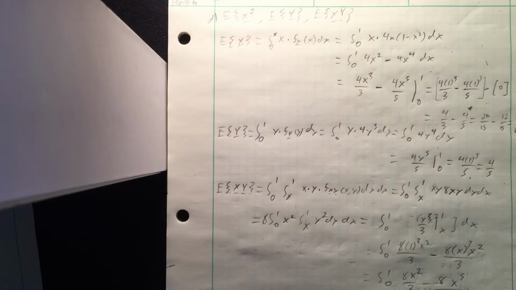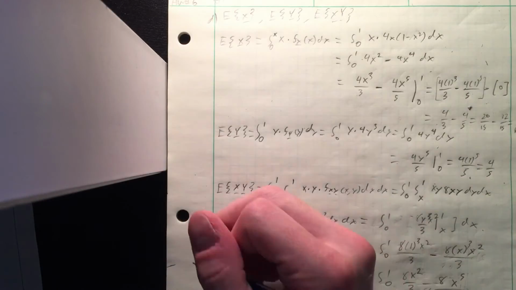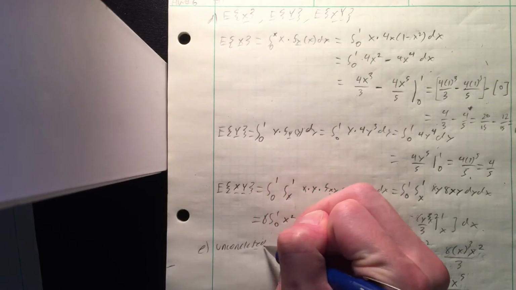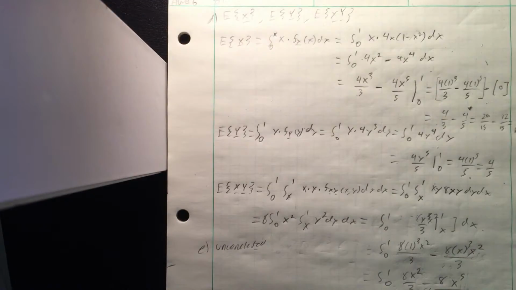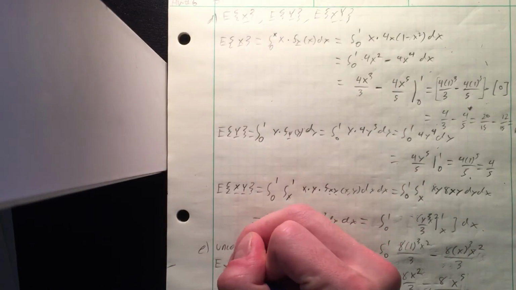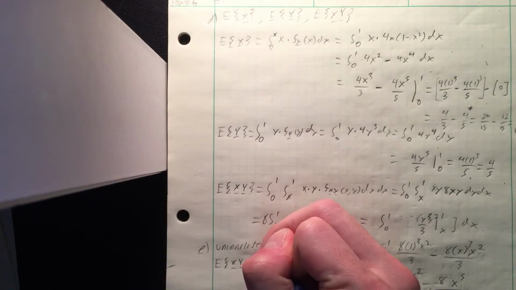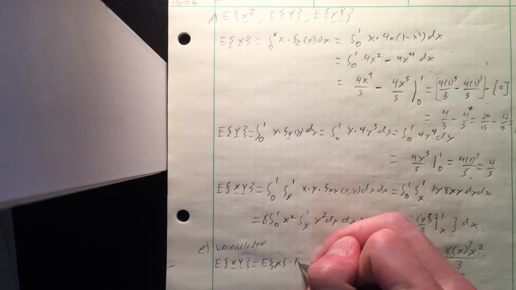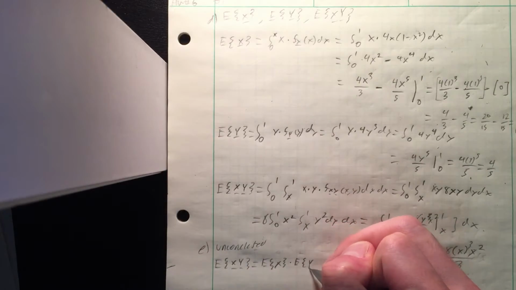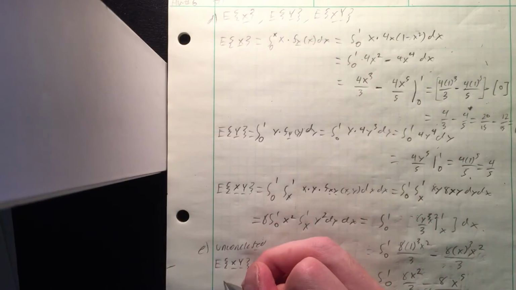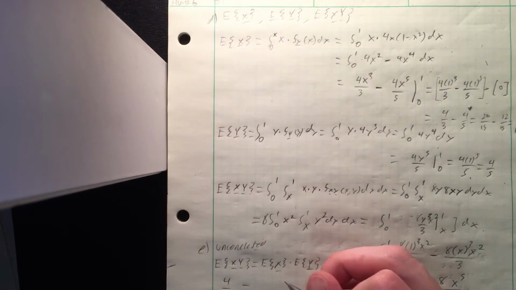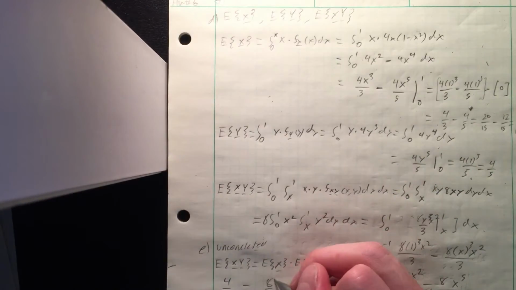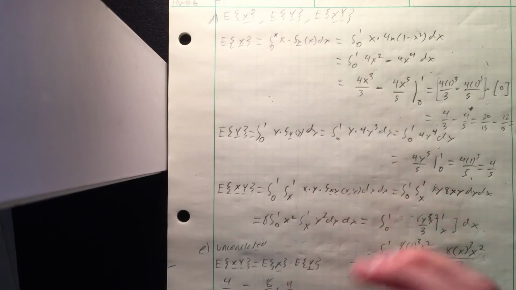Now E is prove or disprove that X, Y are uncorrelated. So for E, uncorrelated means that the expected value of X, Y is equal to the expected value of X multiplied by the expected value of Y. So is 4/9 equal to 8 over 15 multiplied by 4 over 5?